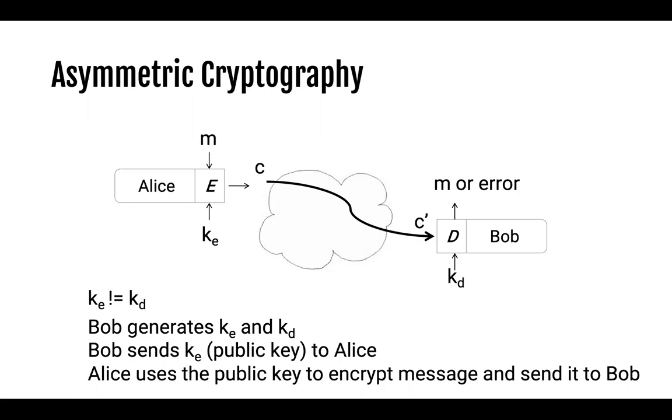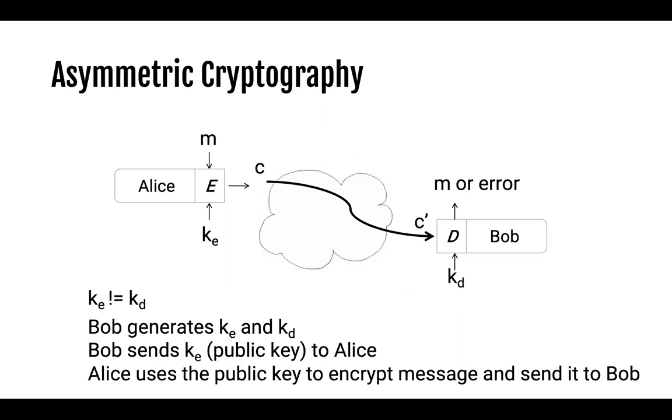Okay, and then there is another category of cryptography, which we will also touch on in future lectures. It's called asymmetric cryptography. The key of encryption and the key of decryption are different. Usually the way that it works is that Bob generates a decryption key and an encryption key, and then Bob sends the encryption key to Alice through a public channel. That means not only Alice, but also everyone, including attackers, can get this encryption key.